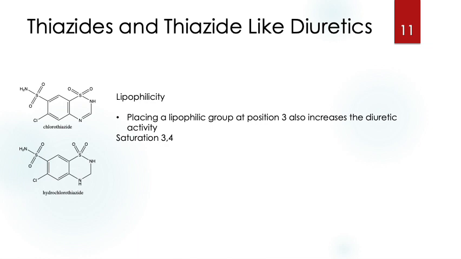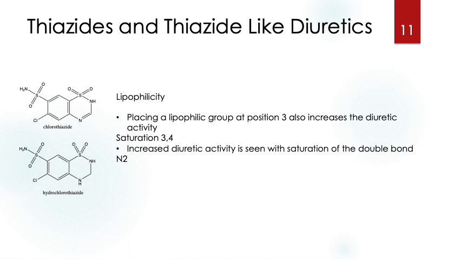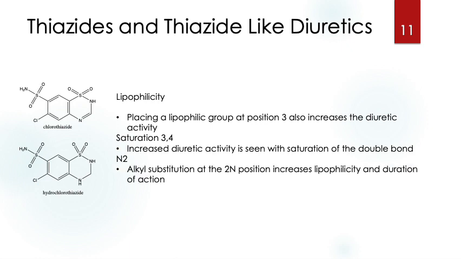Now let's talk about saturation. Saturation of positions 3 and 4: increased diuretic activity is seen with saturation of the double bond. So when the double bond is saturated, you have an increased diuretic activity.